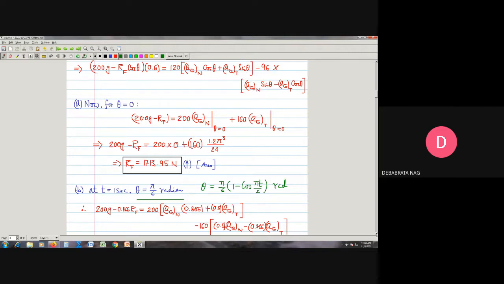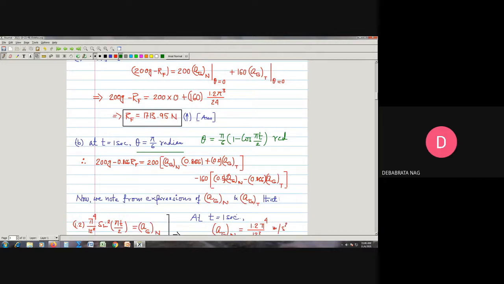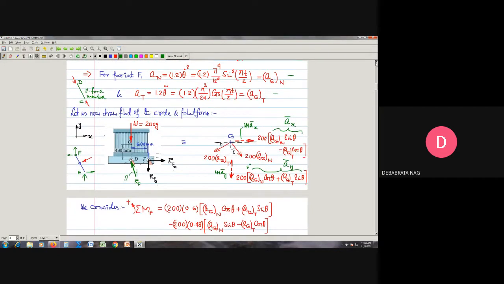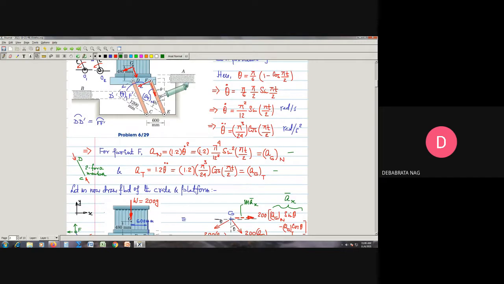So if you substitute this, we find out the corresponding normal and tangential components of acceleration of the center of mass for T equal to 1 second in these equations. If you put T equal to 1 second, definitely you find that there is some AGN. However, at T equal to 1 second, there is no AT.